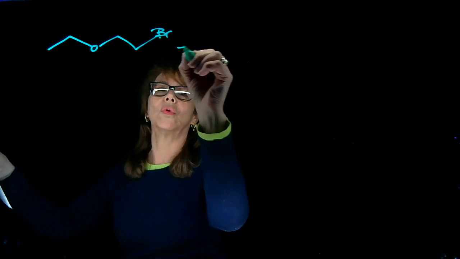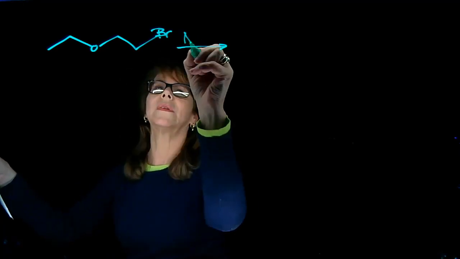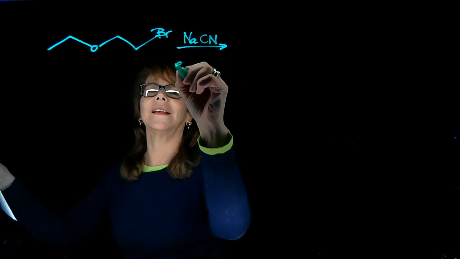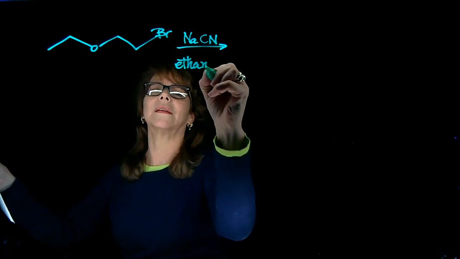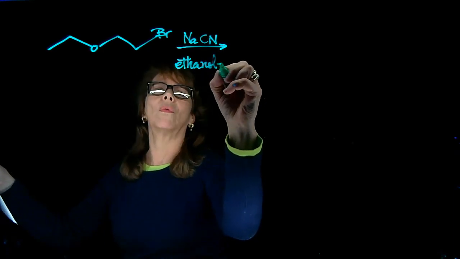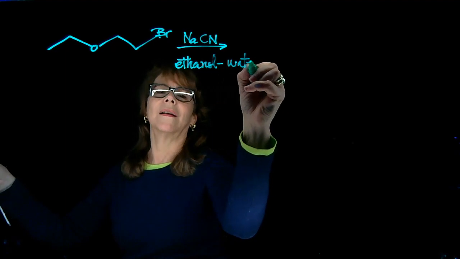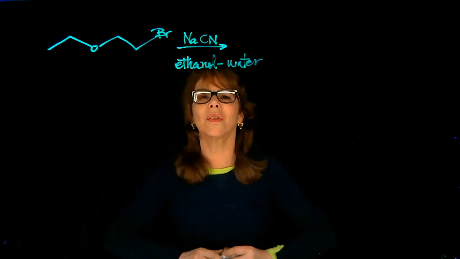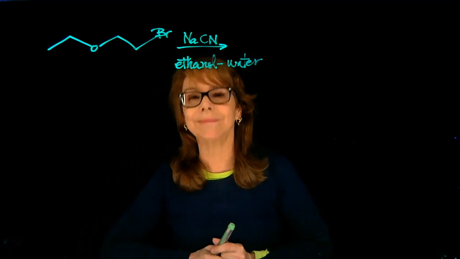That's a bromide. And we see here sodium cyanide in the solvent ethanol-water. So we see that's a salt. So what are we going to be looking at here? Cyanide is a good nucleophile.